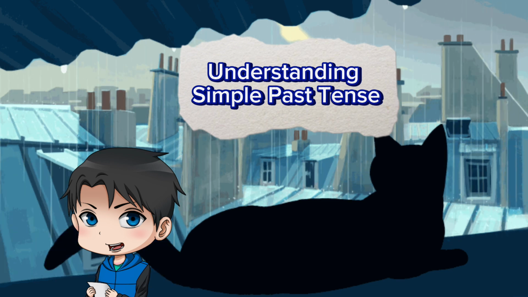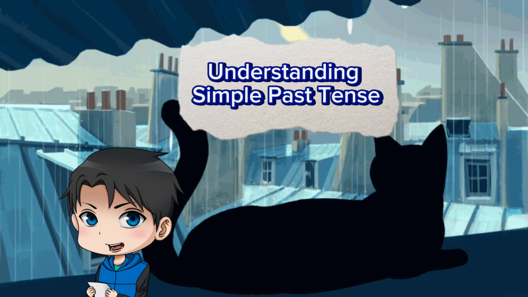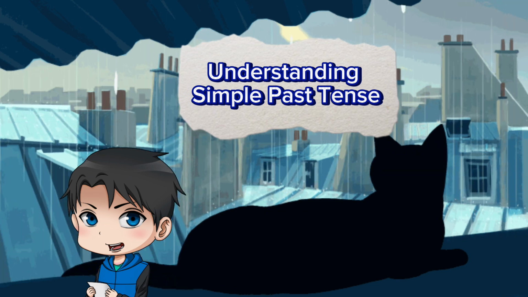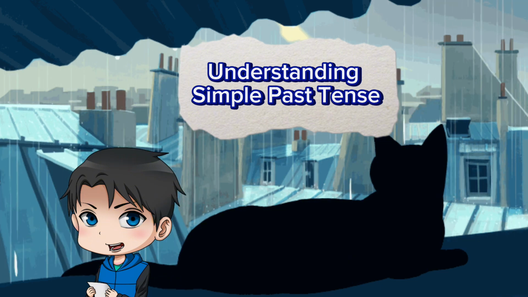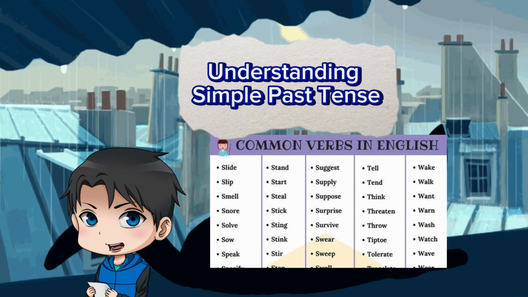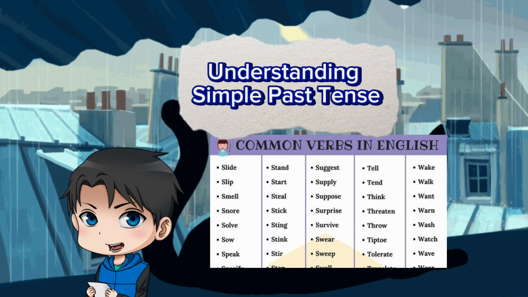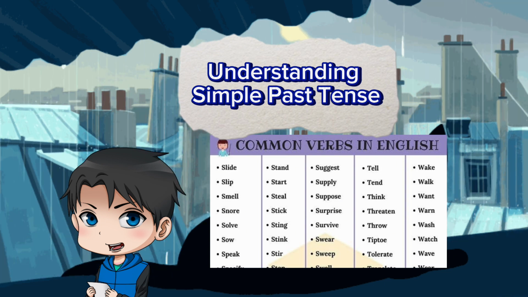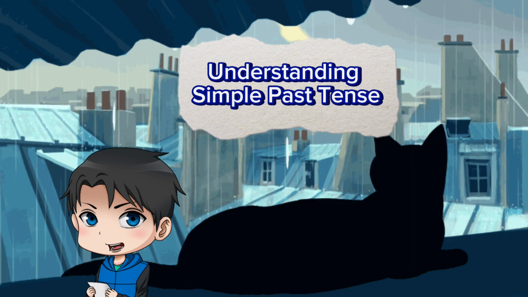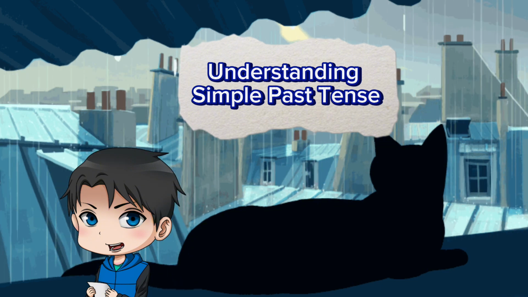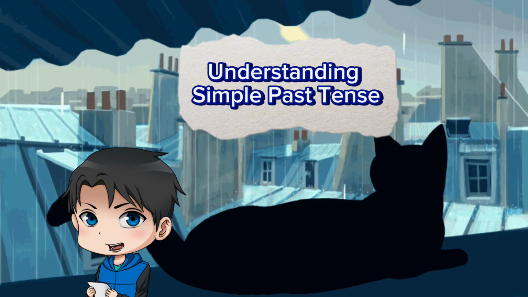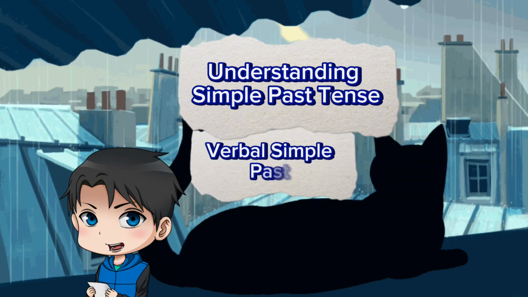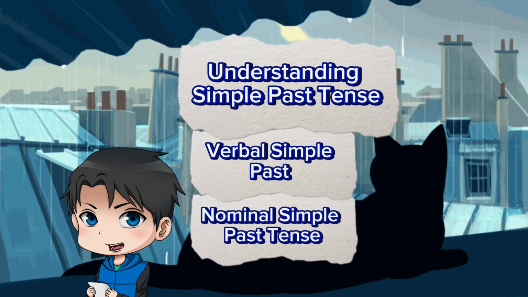To recognize that a sentence is a simple past tense, there are several ways you can do it. One way is to find the second form of the verb in the sentence. Simple past tense is divided into two sentence patterns, namely verbal simple past and nominal simple past tense.